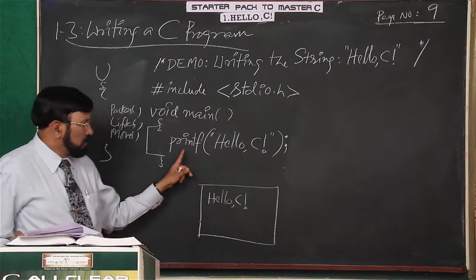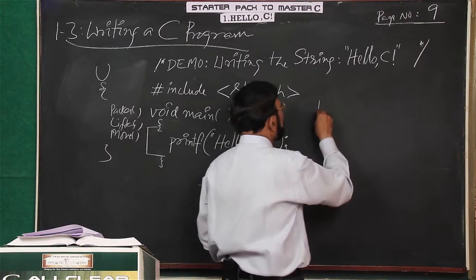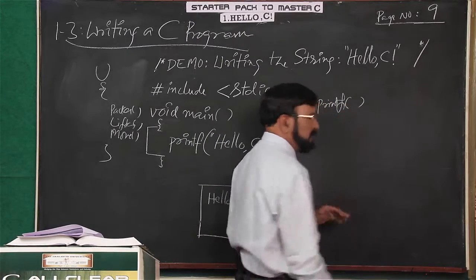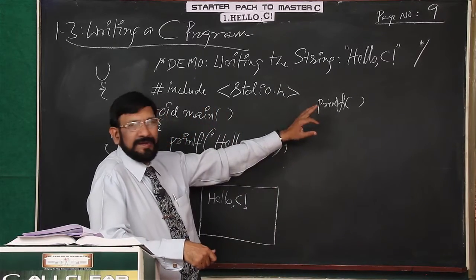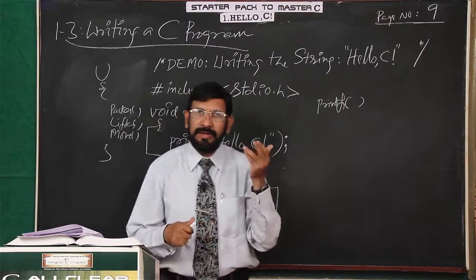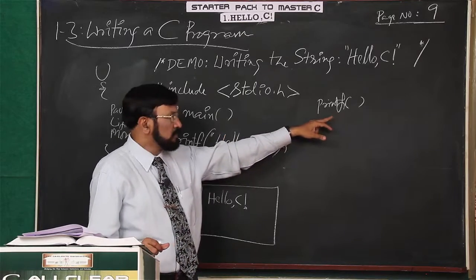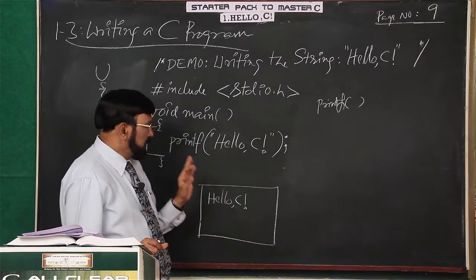And now, the crucial line, printf. Printf is a function. Printf is a core function in every C program. Actually, it is the writer. It is the writer means, if you have to write anything on the monitor screen, you have to take recourse to the printf function. So, there is a syntax.